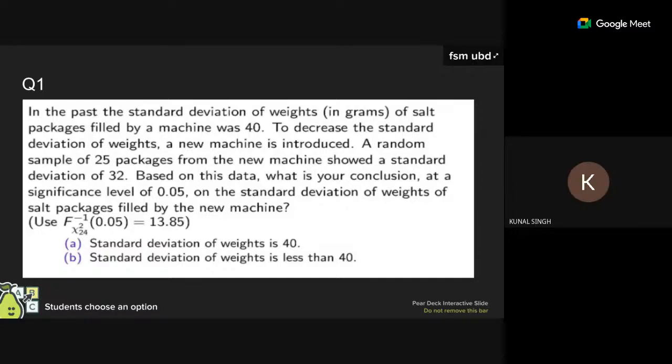Okay, sir. One more query, sir. There are some problems where we are asked to find the required sample size N. In those questions, for the F inverse values, if we vary a small decimal, like here it is given 13.85, if we use 13.849, a small change in the third or fourth decimal is giving 1 or 2 numbers change in the sample size.